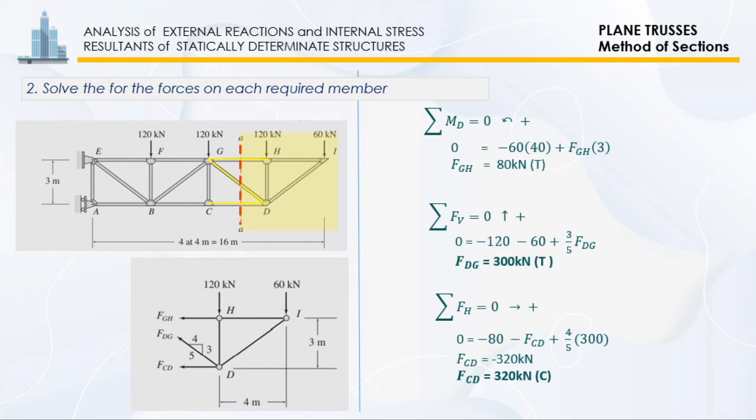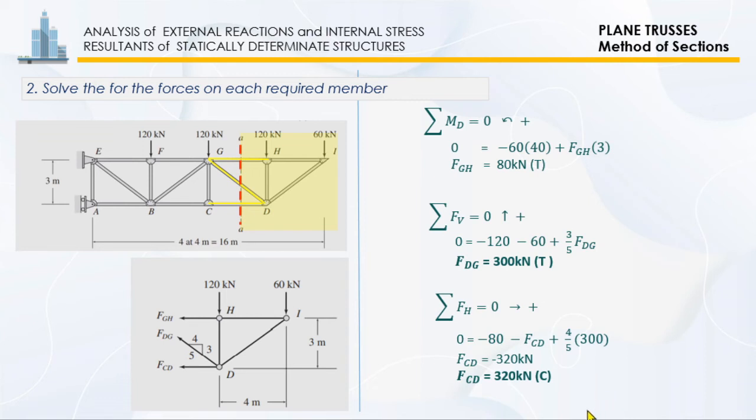Next, taking summation of forces vertical is equal to 0, going up as positive. So, we have 0 is equal to negative 120 minus 60 plus FDG na may slope na 3 over 5. Solving this one, we have FDG is equal to 300 kilonewton, which is in tension.